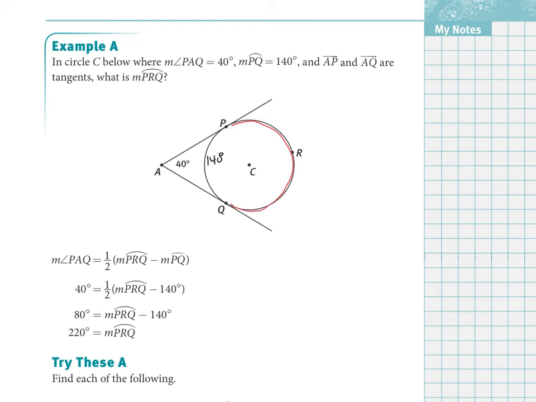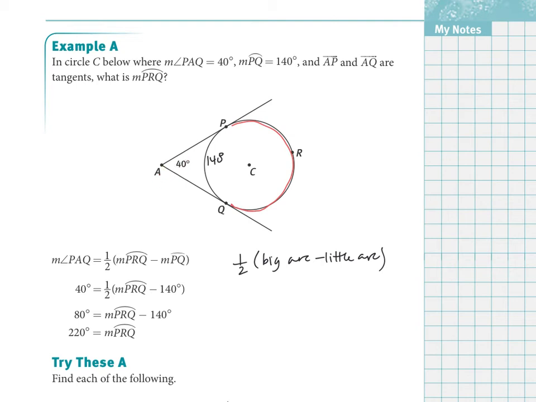So keep in mind that formula that we used, right? That 1/2 times our big arc minus our little arc is going to give us the measure of this angle, measure of angle PAQ. So that's kind of the formula that they set up here. It's going to be the measure of this angle will equal this big arc minus this arc times 1/2, or we could say divided by 2.